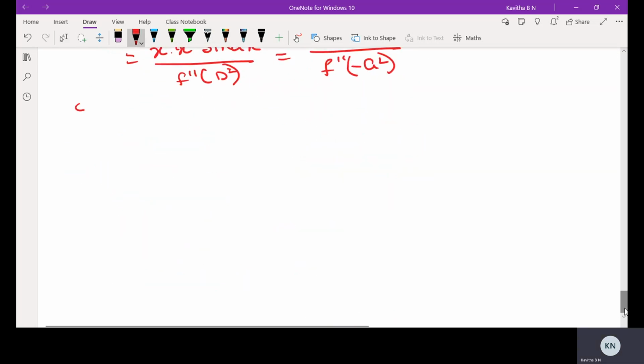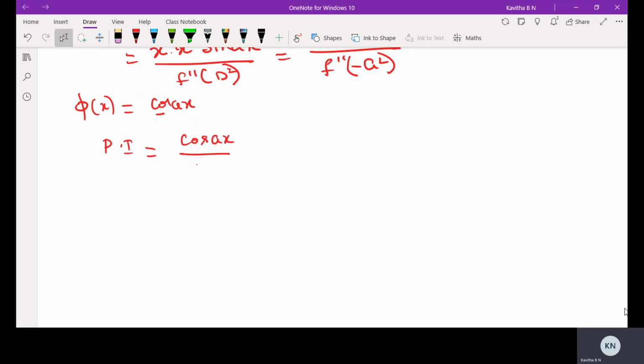Similarly, if phi of x is cos ax, the particular integral is cos ax divided by f of D square. In place of D square we substitute minus a square, giving f of minus a square.